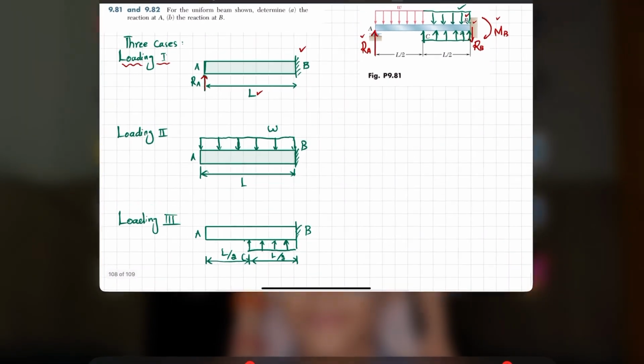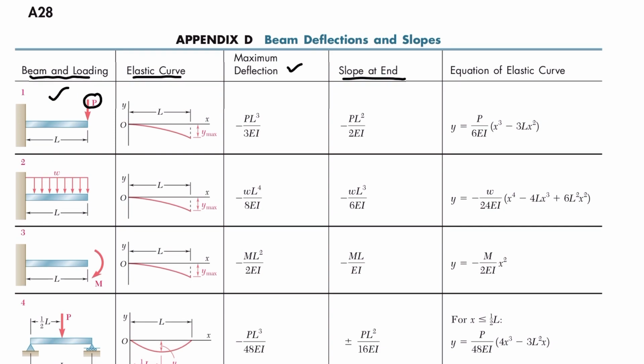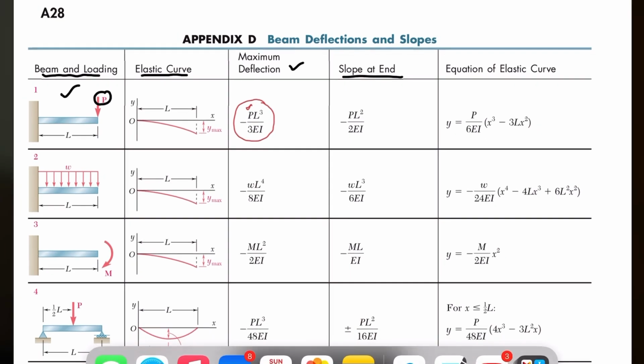In this case the deflection is given as this one. Since the deflection is upward, this value will be positive, and P is replaced by RA because here we have RA. So I will write that again.